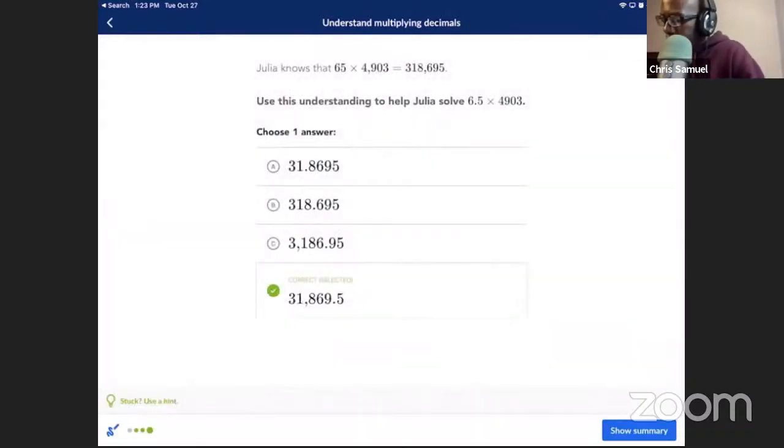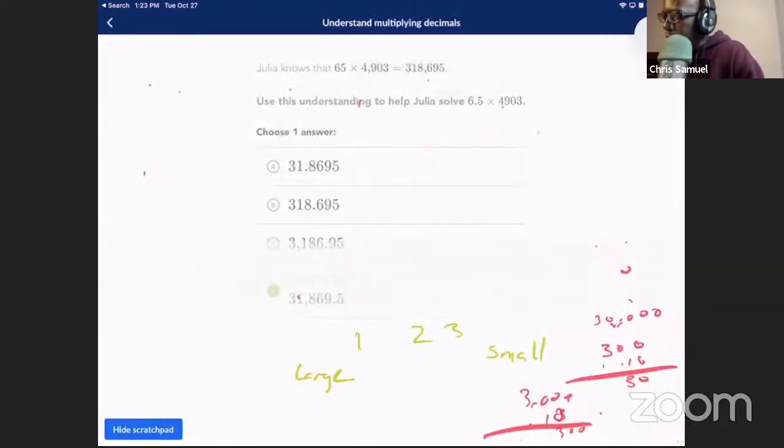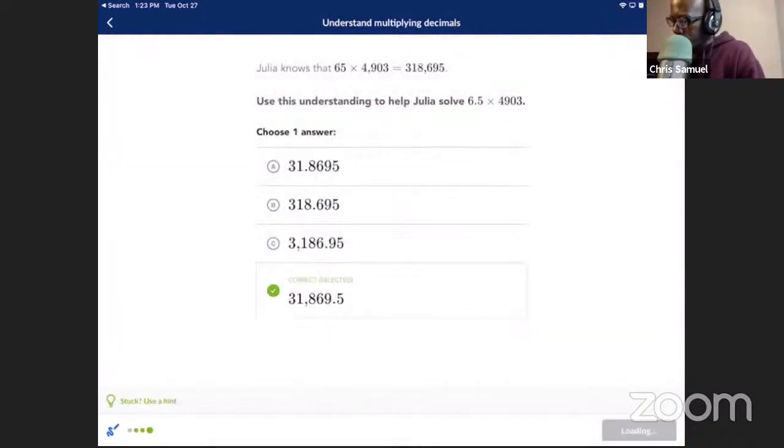So since our answer was 10% less, this would definitely be the answer, because these others were way off. All right, let me go ahead and continue.